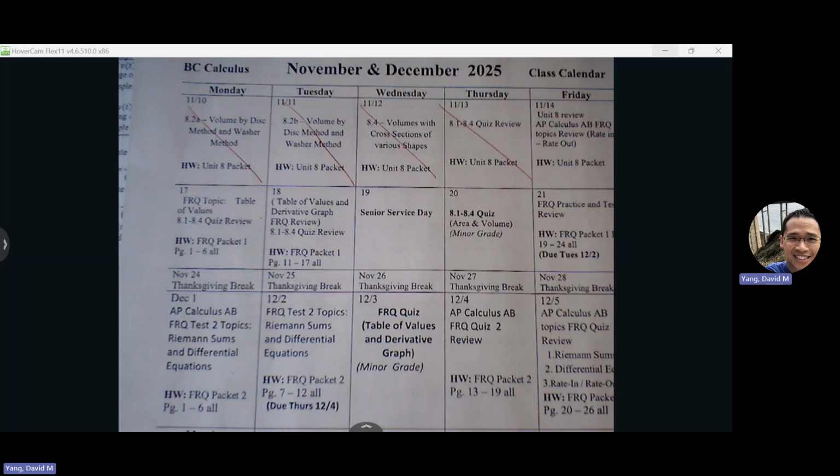we'll continue reviewing for this specific type of problem, which will be a quiz grade the Wednesday after we get back. But we're also going to do review of things that we've taken in the past, like Riemann sums, differential equations. We're basically just doing review and helping you see the major types of FRQs, at least on the AB side, that you're most likely going to see on the AP exam.